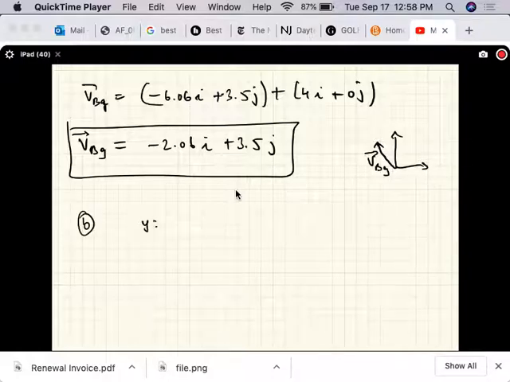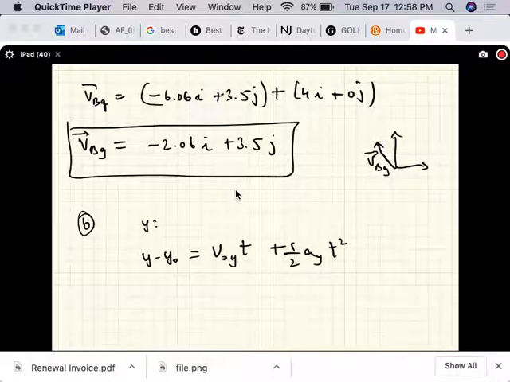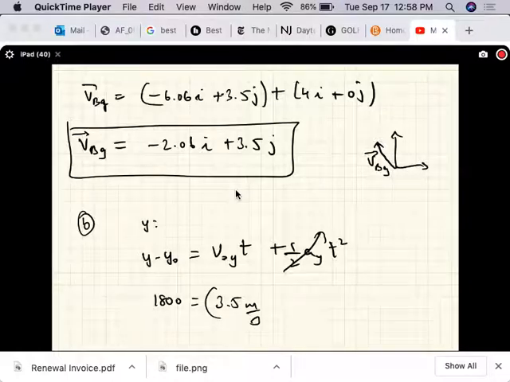So let's look at the y motion. y minus y naught is v naught y t plus 1/2 a t squared. There's no acceleration in the y direction, so this is 1800 meters, and the y component of his velocity is 3.5 meters per second, times t.